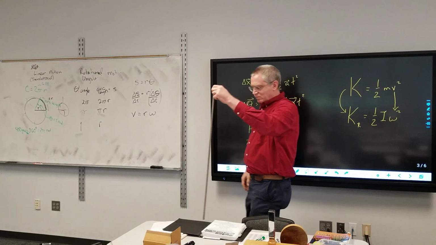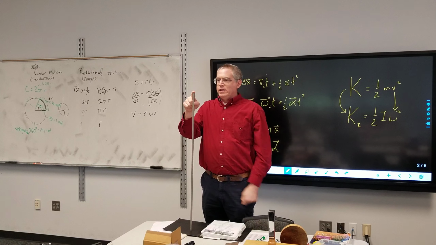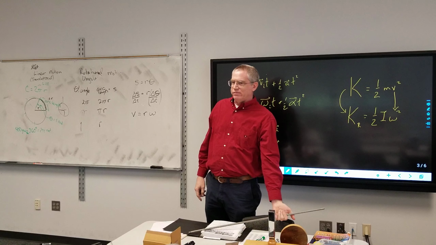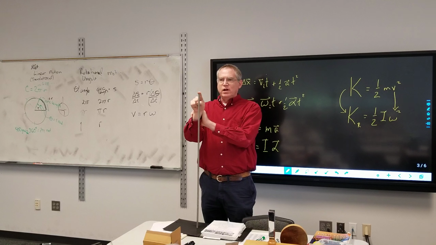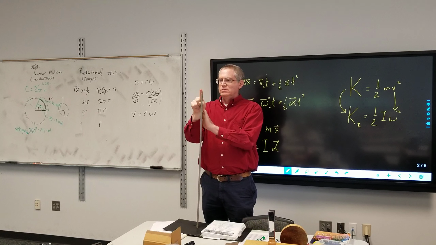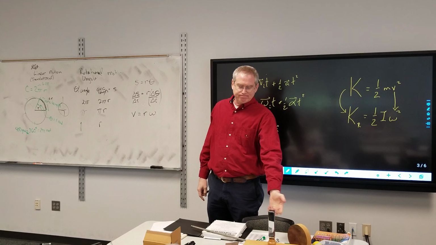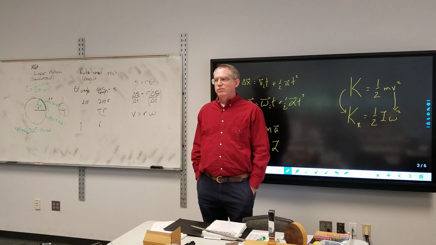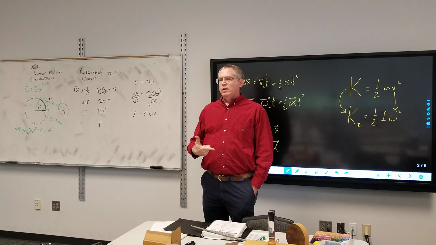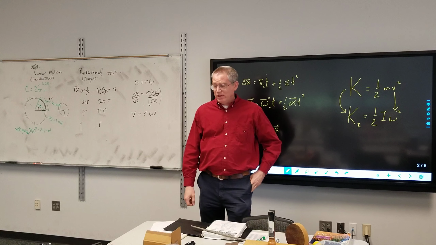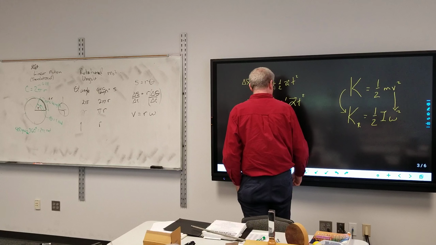All right. So I've got a pole right here that I'm going to let fall. And I want to figure out what is the kinetic energy of this pole. So there's my formula, 1/2 mv squared.